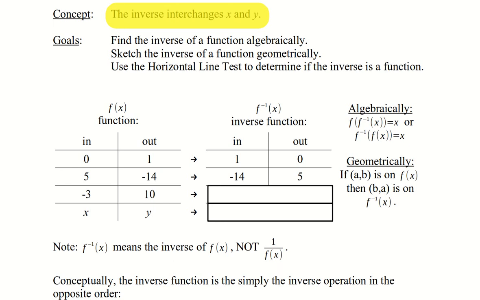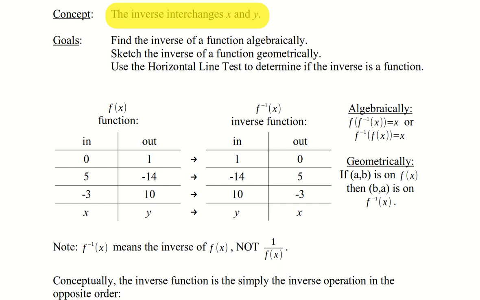The function makes negative 3 into 10. The inverse function makes 10 into negative 3. It undoes what f did. In general, and this goes back to our big idea that the inverse function simply swaps x and y, if the function makes x into y, then the inverse function makes y into x. In other words, it makes it back into whatever you started with.